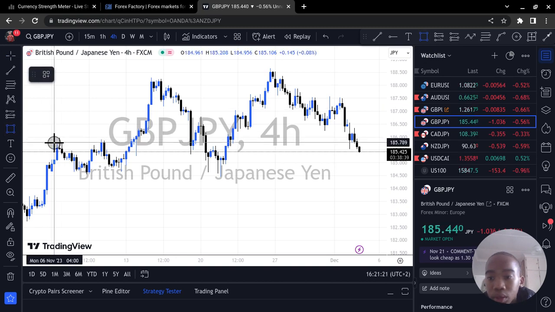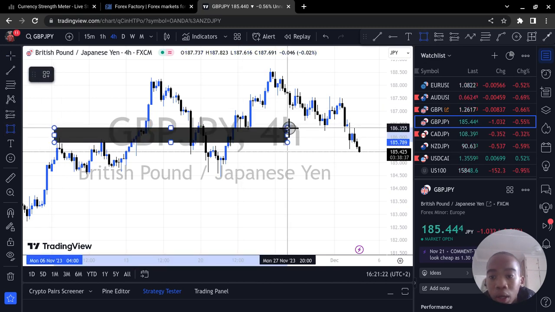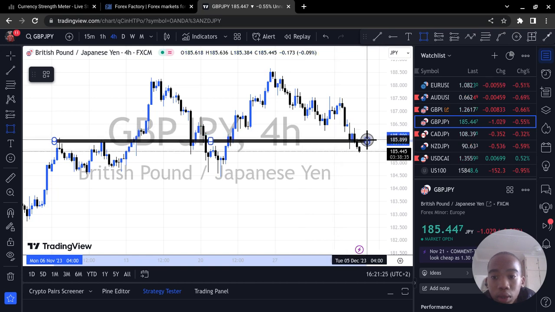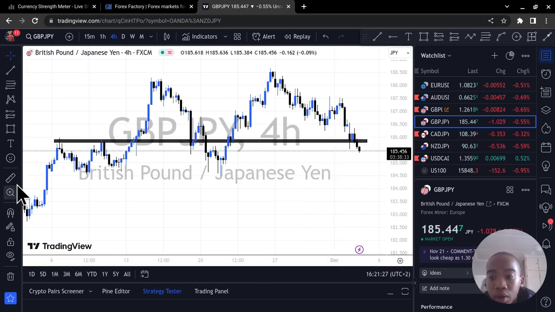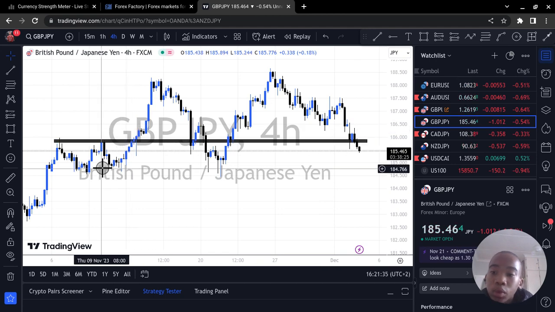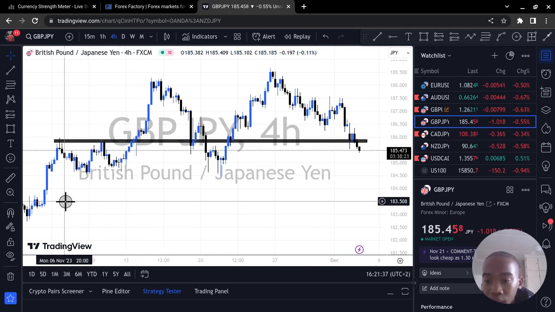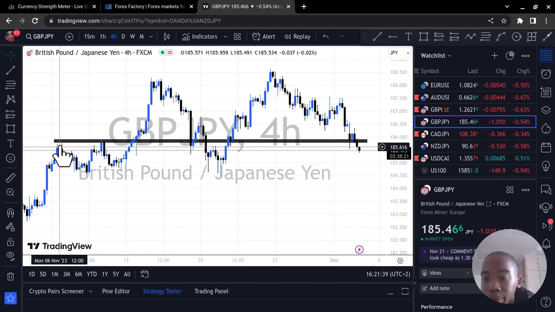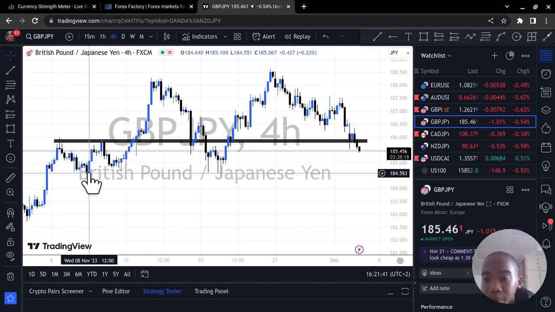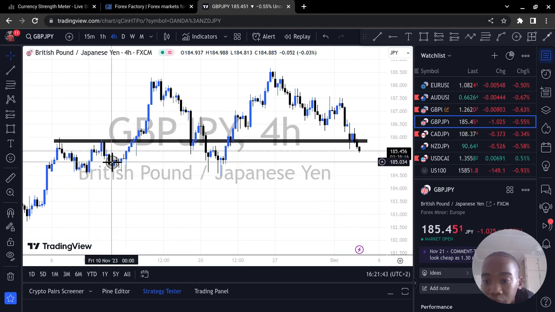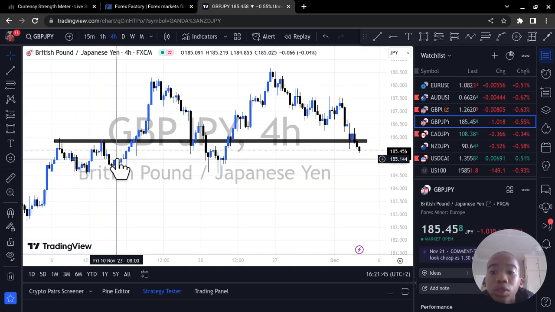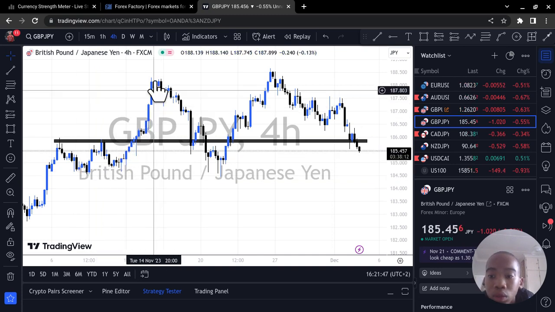The reason I chose this level is because this is where price broke a high. This was a high, rejected a bit, and then it was broken not too long ago. Towards that, when price came up, it made a low, made a high, another high, then made a low, not breaking this one. So it showed that we were still bullish towards this level right here.